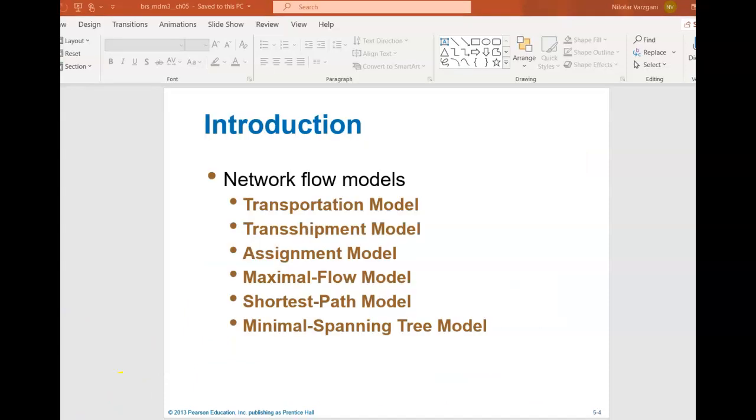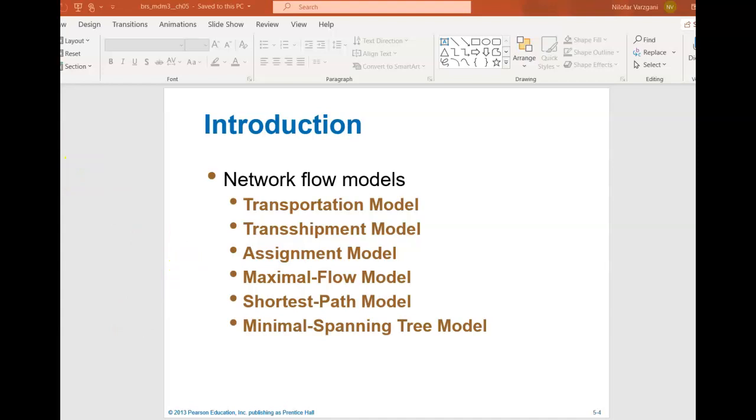Just to revise some of the concepts in chapter 5, we started off with network flow models by describing some of the applications of network flow models. In this particular chapter, there are 6 applications which are discussed in detail. They're listed here in the slide in front of me: transportation models, transshipment models, assignment models, maximal flow, shortest path, and minimal spanning tree.